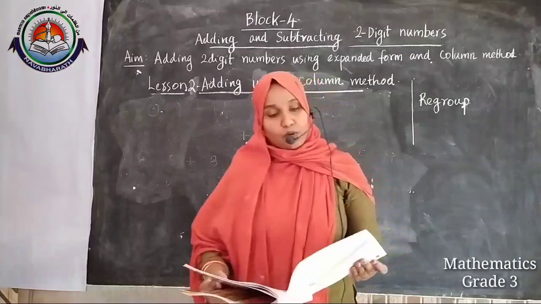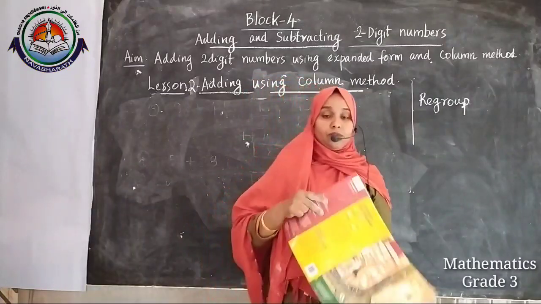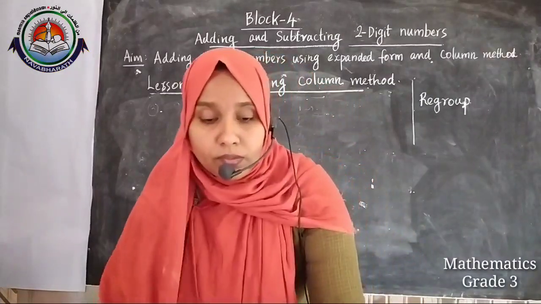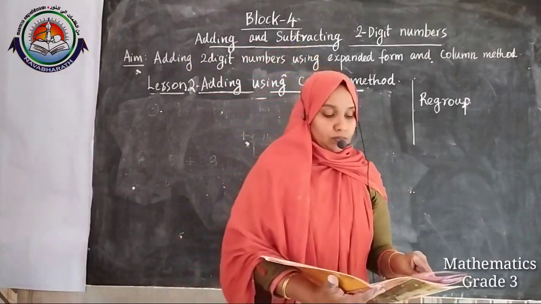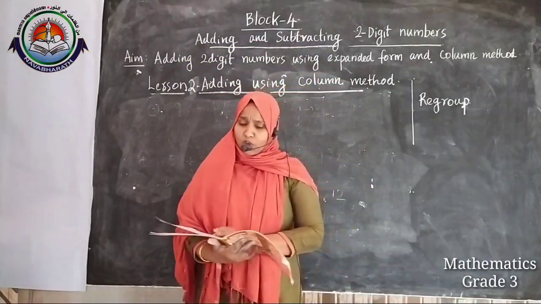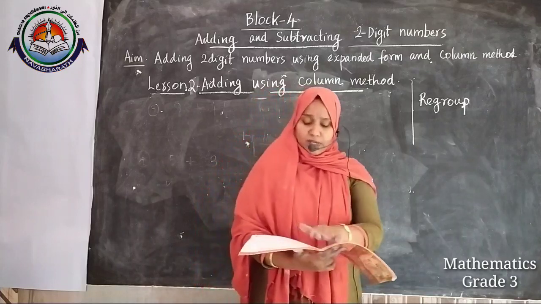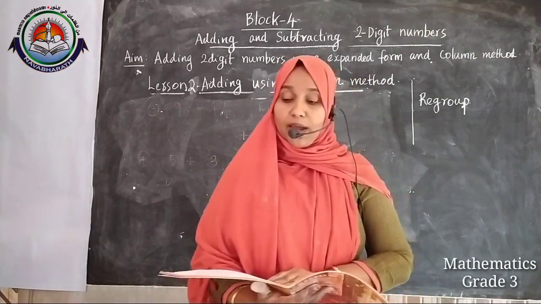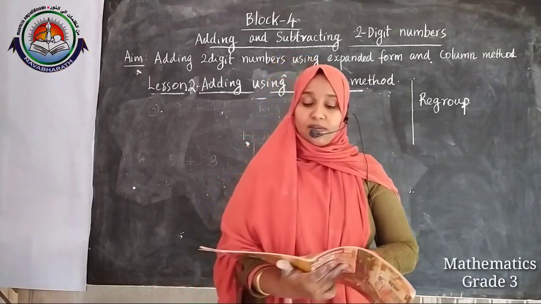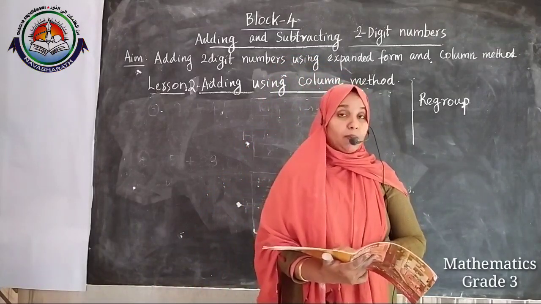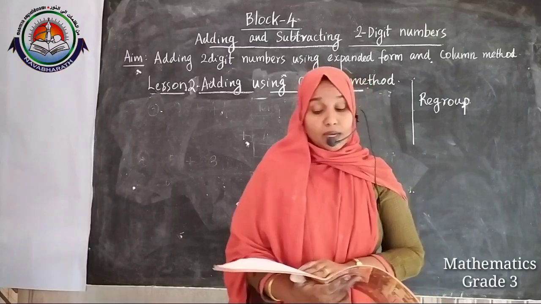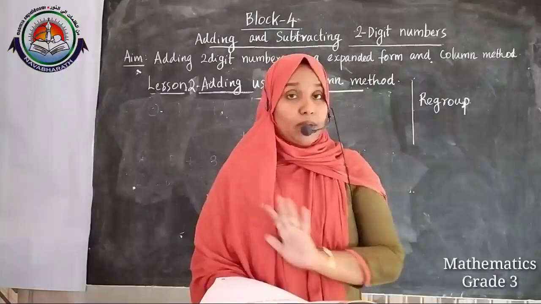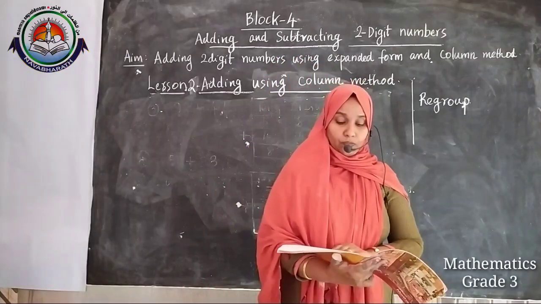Then take your workbook, children. The workbook is so easy. The first one, S1, is on page number 17. S1 is about adding by expanding. So 17 is equal to 10 plus how many ones? It's definitely 7 ones. Like that you can do 87 also.